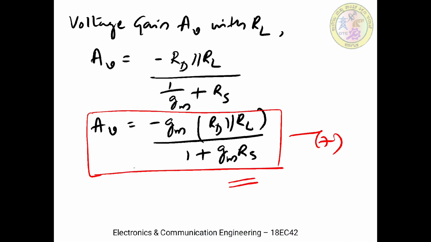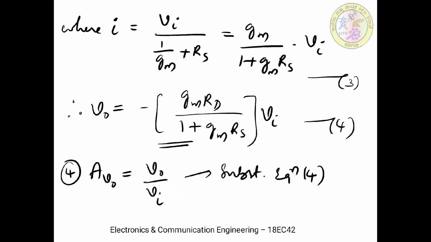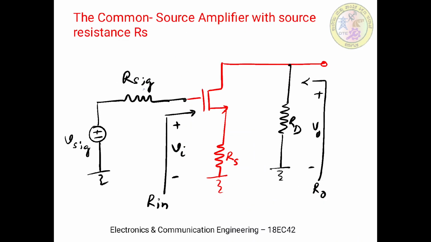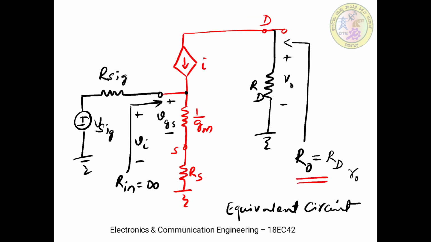Let us take the circuit. We have a common source amplifier with source resistance Rs. Because of that, in the equivalent circuit diagram the Rs is going to come in series at the source lead when the MOSFET is replaced by its T equivalent model.